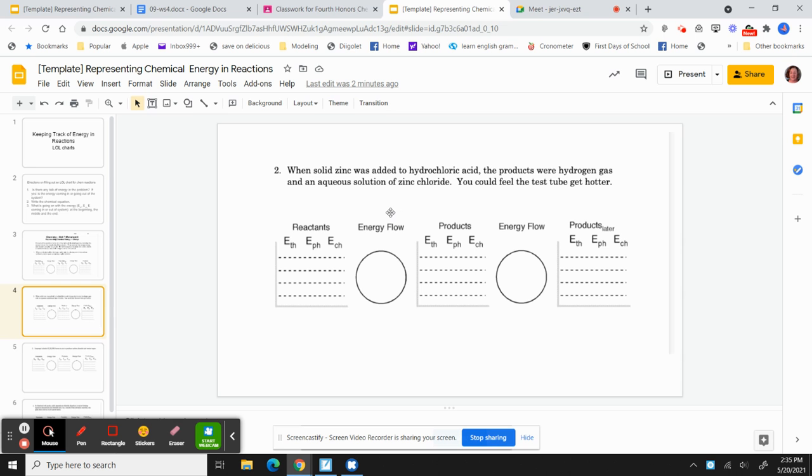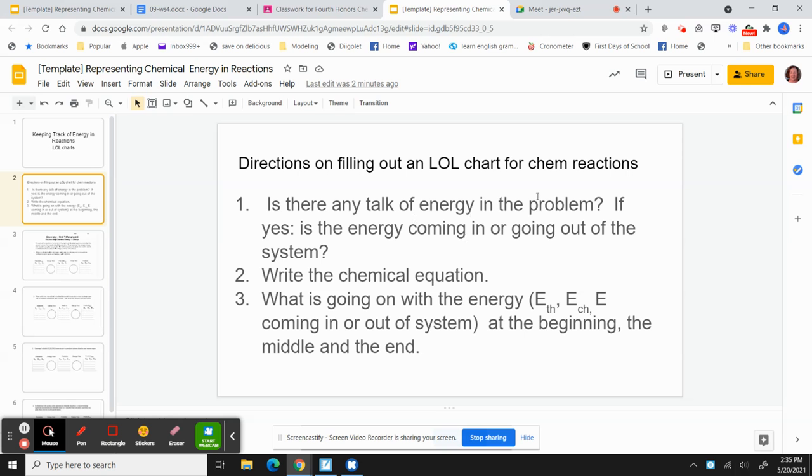Okay, so the test tube is getting hotter. So when I write my equation, the next thing is, is the energy going in or coming out? I think it's coming out because they said that test tube gets hotter.